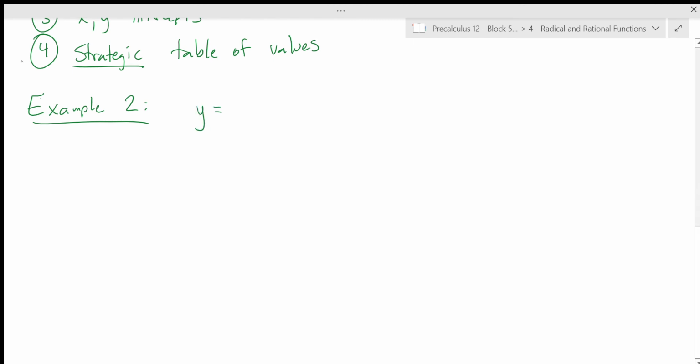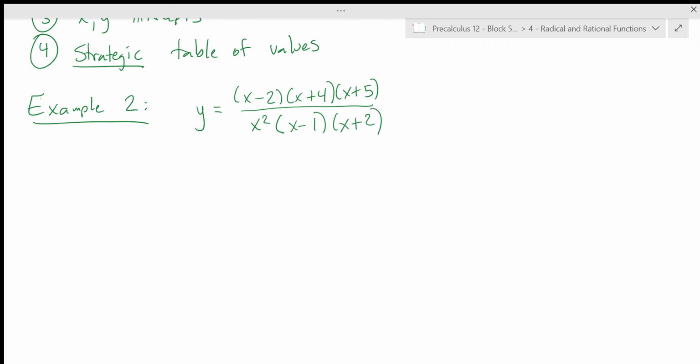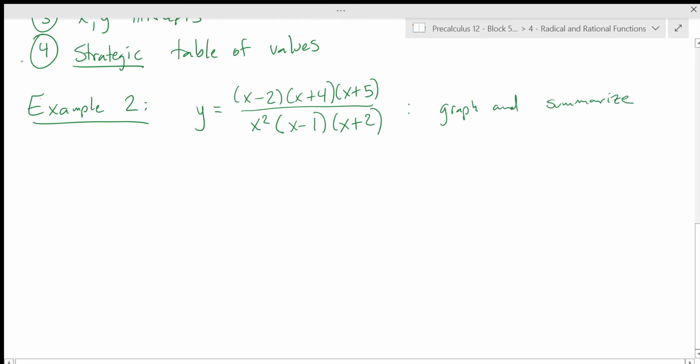So we're going to graph this rational function, y equals (x minus 2)(x plus 4)(x plus 5) over x squared times (x minus 1)(x plus 2). We're going to graph it and summarize its features.